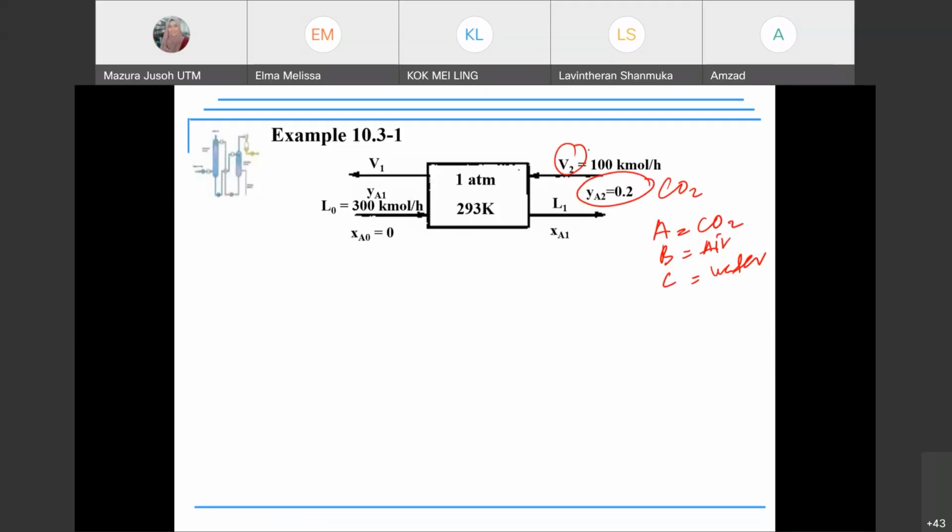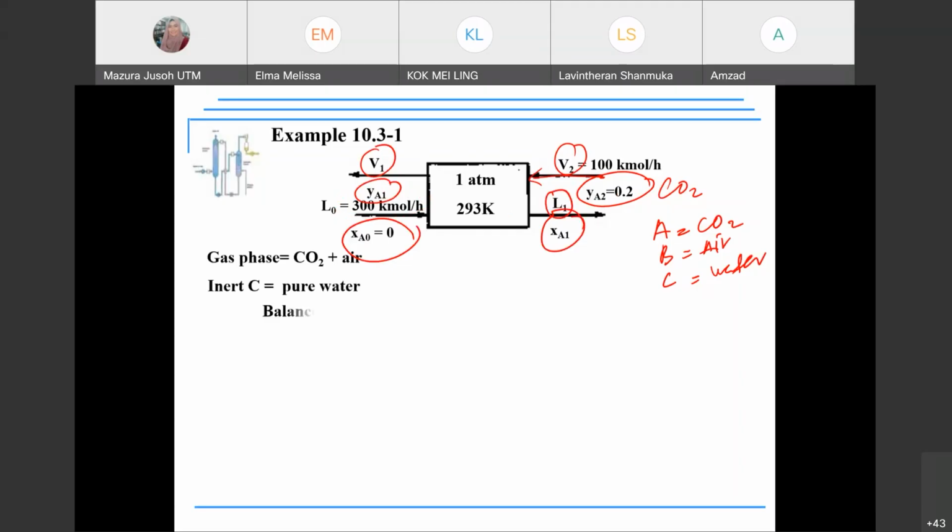So in your gas flow, you have 0.2 of carbon dioxide in the total flow rate, and then you will have a solvent of 300 kilomole per hour with 0 carbon dioxide, which is pure. All right. So you want to calculate what is L1, what is XA1. You want to calculate what is V1, also YA1. So this is when you use Henry's law.